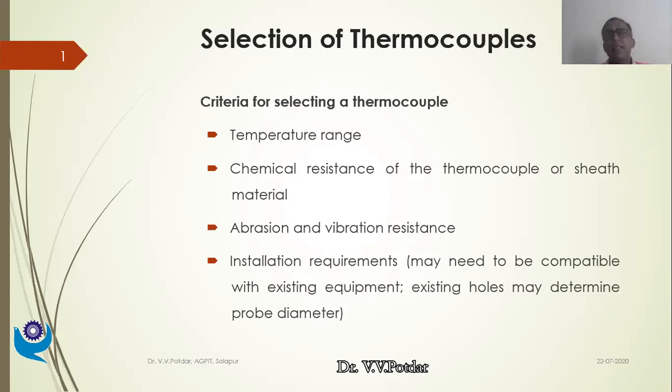As is the case with the rest of the transducers, there are specific selection criteria. The first and foremost is the temperature range which you want to measure, which you want to sense. Now, with this temperature range, in case of cryogenic applications, it might start from -200 degrees Celsius and can come up to -150 degrees Celsius.